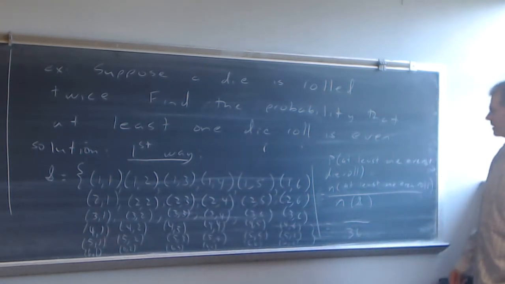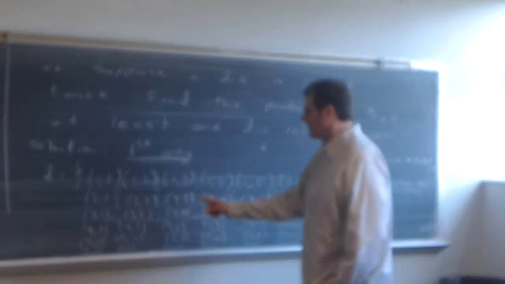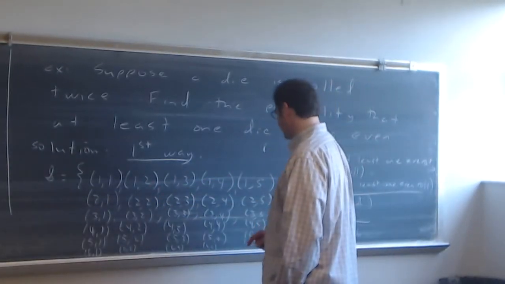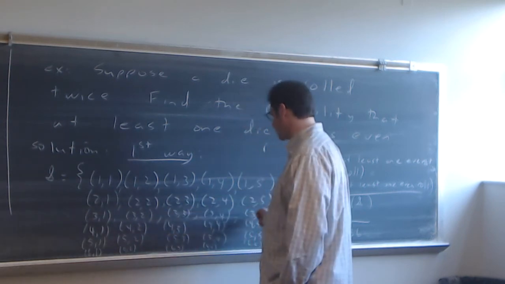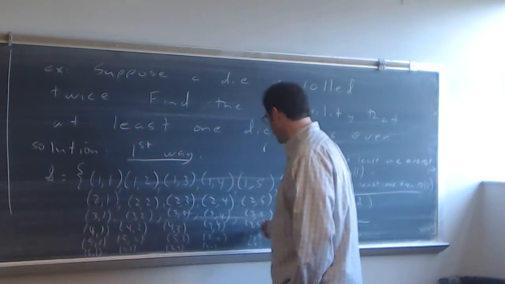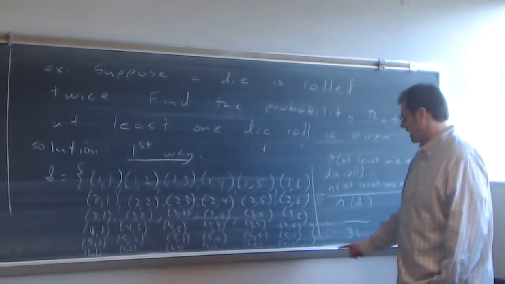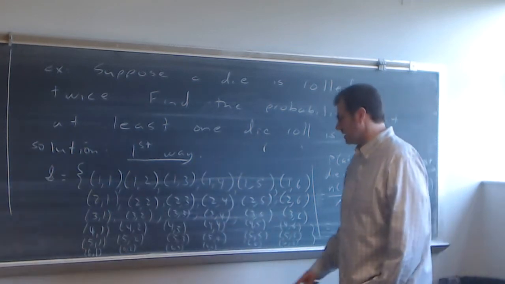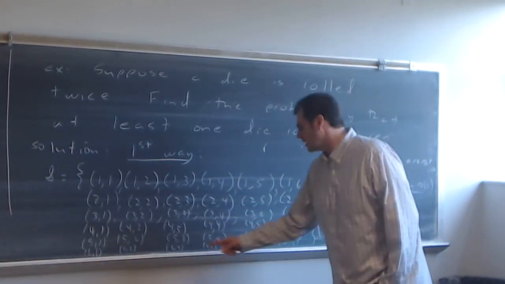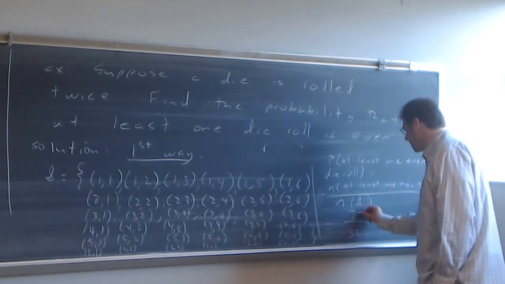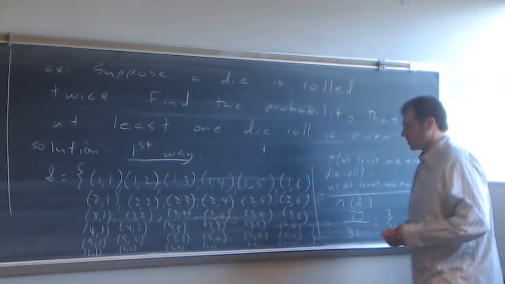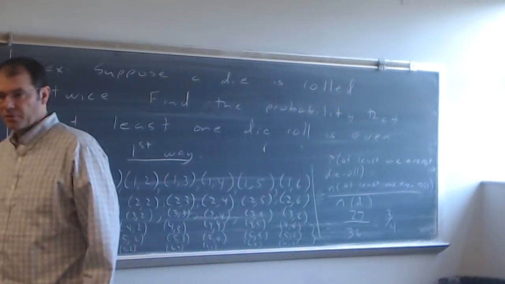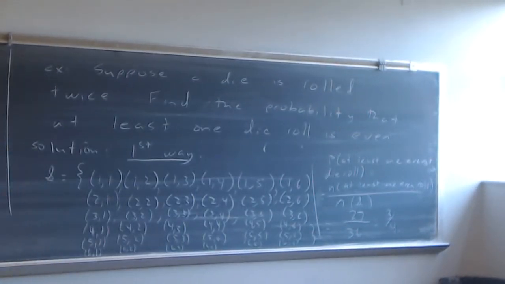So let's count how many of them have at least one even die roll. In this row, there are 1, 2, 3. In this row, there are 6. That makes 9. There are 3 here, so we're up to 12. And each one of these has at least one even die roll, so that's 18. There are 3 here, so 21. I think it's 27 over 36. Of course, that can be reduced, since 9 goes into both of them. It's 3 out of 4. That's our answer, 27 over 36. Let's do it another way.